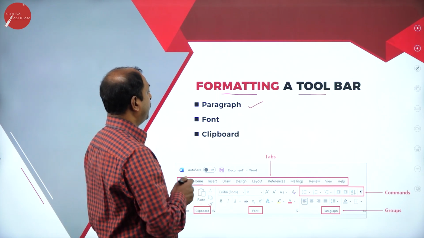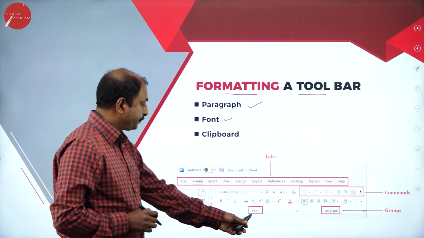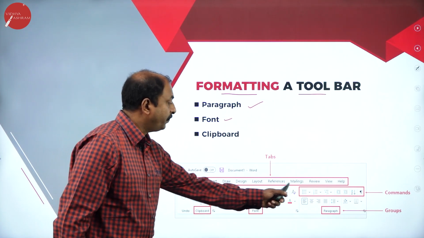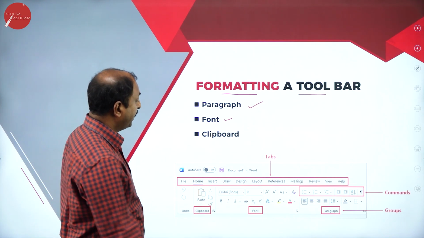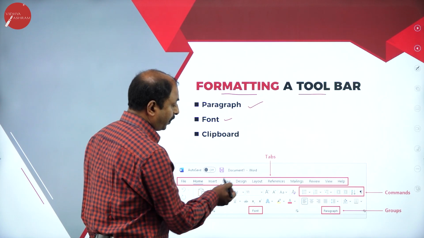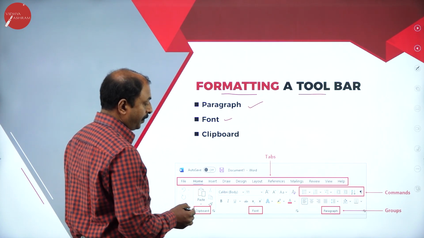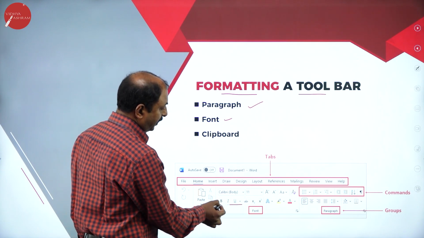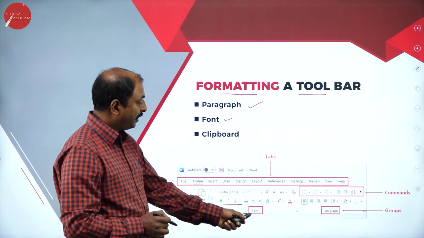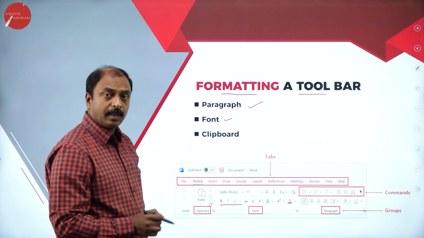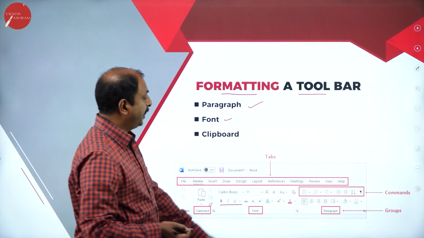Similarly, font. Look at the font group here, and we have different buttons. This is the place where we can select the font name, and here the font size. And with the help of this, we have bold, italic, underline, and here one is subscript, one is superscript, and apart from that we have font color and pen color.